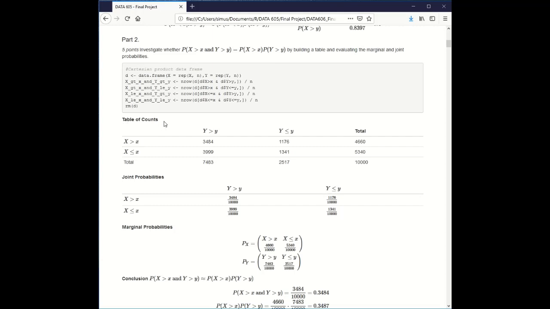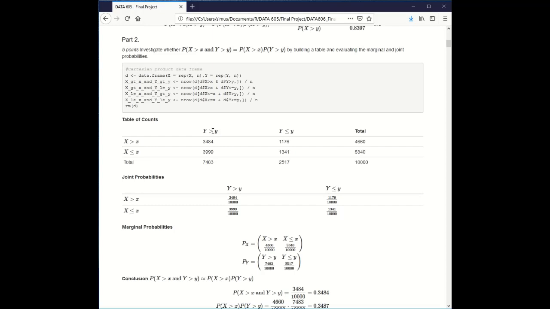So to build the table of counts, I went with the strategy of building a Cartesian product of the two distributions, the 10,000 uniform values against the 10,000 normal values. That gave me a way to get the exact count under each joint condition.